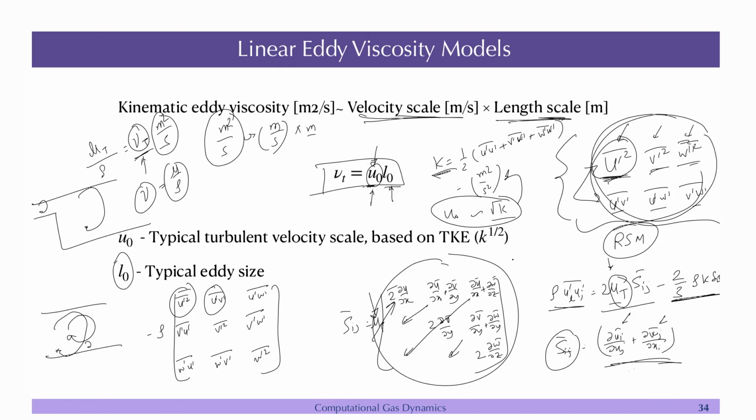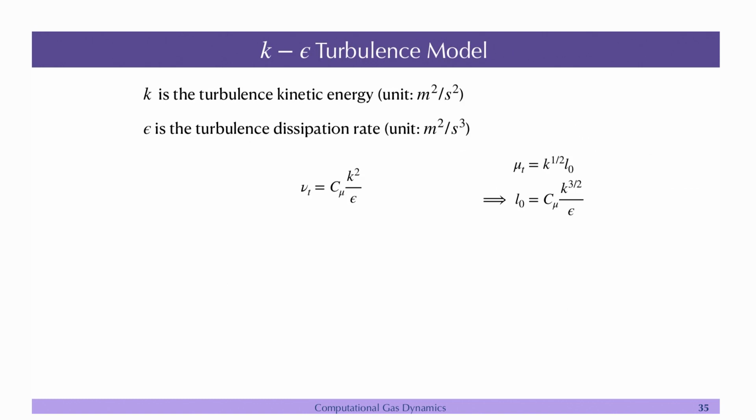That is where different models come into the picture, okay. You might have heard about the k epsilon model, k omega model, SST k omega model, and so on and so forth. What they are trying to do is get the eddy viscosity, and the argument comes from the fact that we have a length scale and a velocity scale.